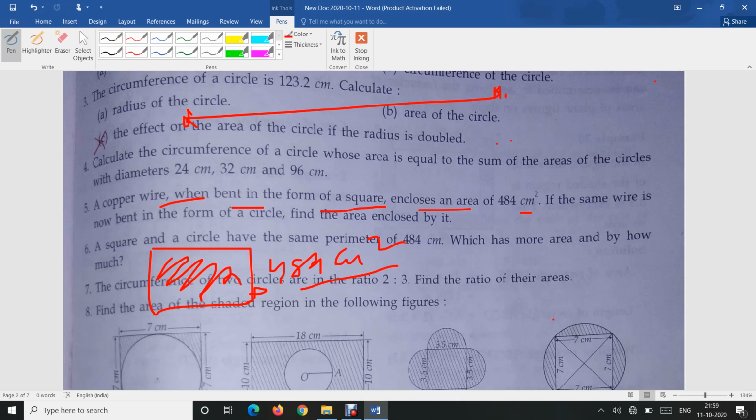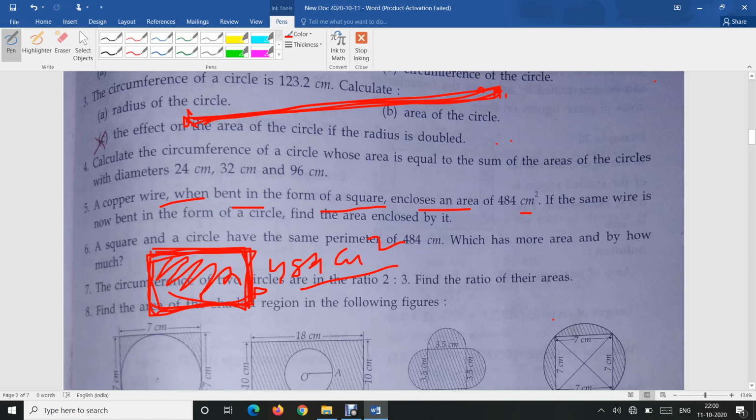There is one thing: if you bend this wire into the form of a square, then there is one thing which will be common, which is length. Obviously the length will be the same.